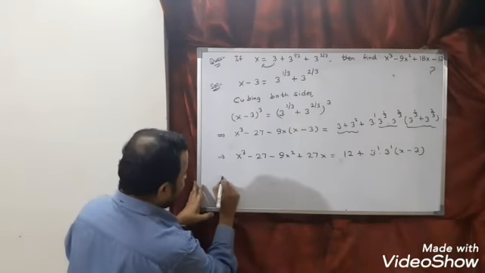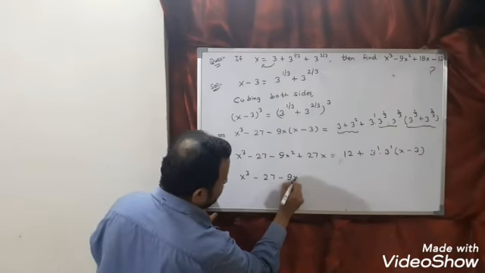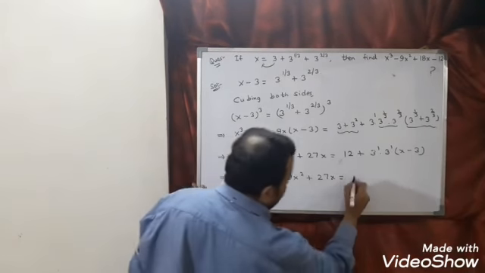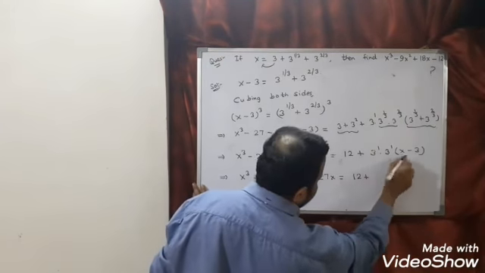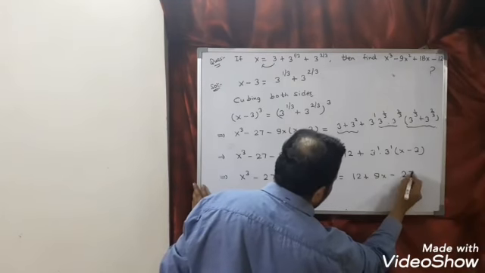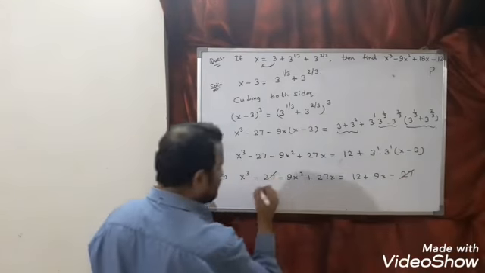Or finally I can say x cube minus 27 minus 9x square plus 27x is equal to 12 plus 3 3s are 9x minus 3 3s are 9, 9 3s are 27. Now see the simplification, 27 cancel.